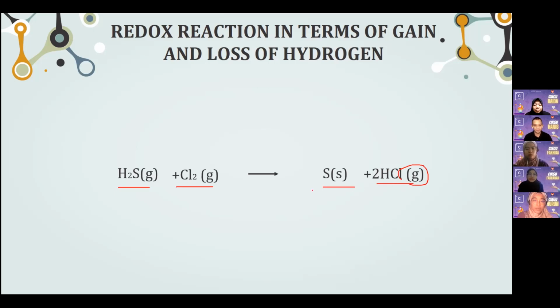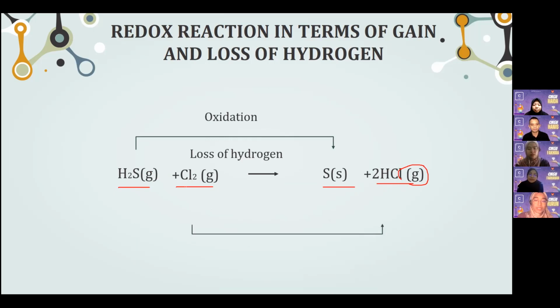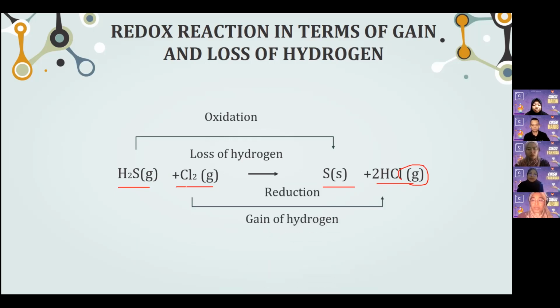Just now I mentioned in oxidation, there is going to be a loss of hydrogen. So Farhana, out of hydrogen sulfide and chlorine, which one undergoes oxidation? Hydrogen sulfide. Okay, good, correct. So hydrogen sulfide undergoes oxidation because there is loss of hydrogen, whereas chlorine undergoes reduction because there is gain of hydrogen.